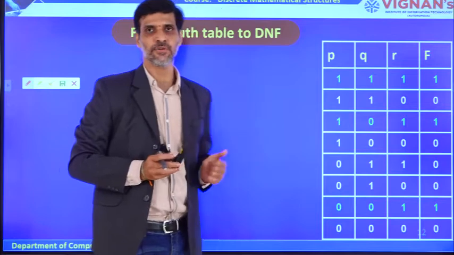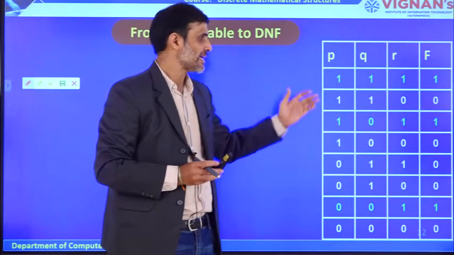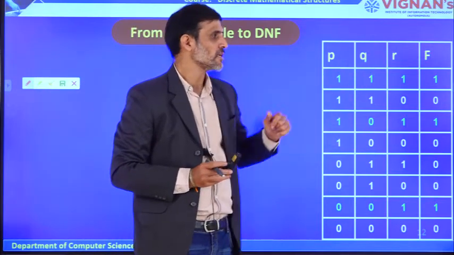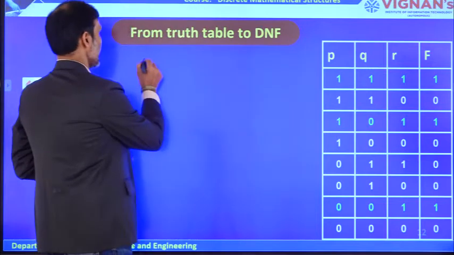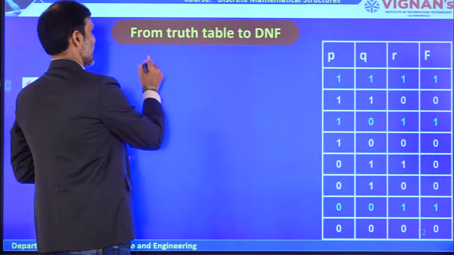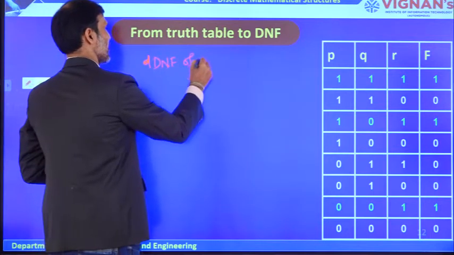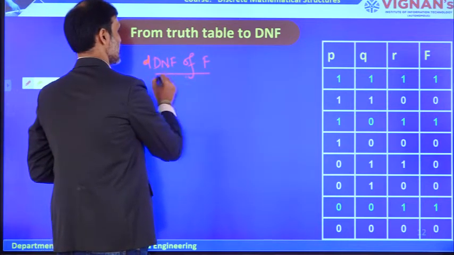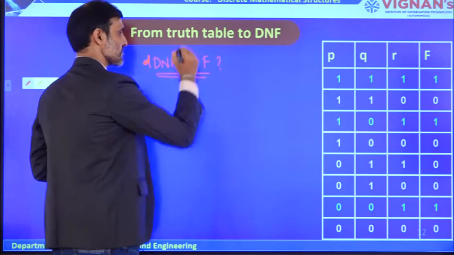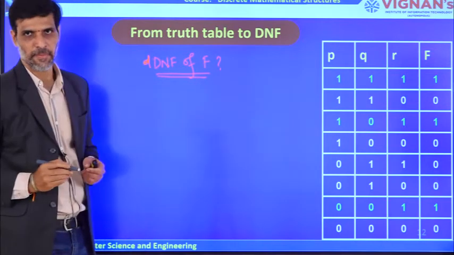Now, what we need to do is get the disjunctive normal form of F. We need to find the DNF of the given formula F.